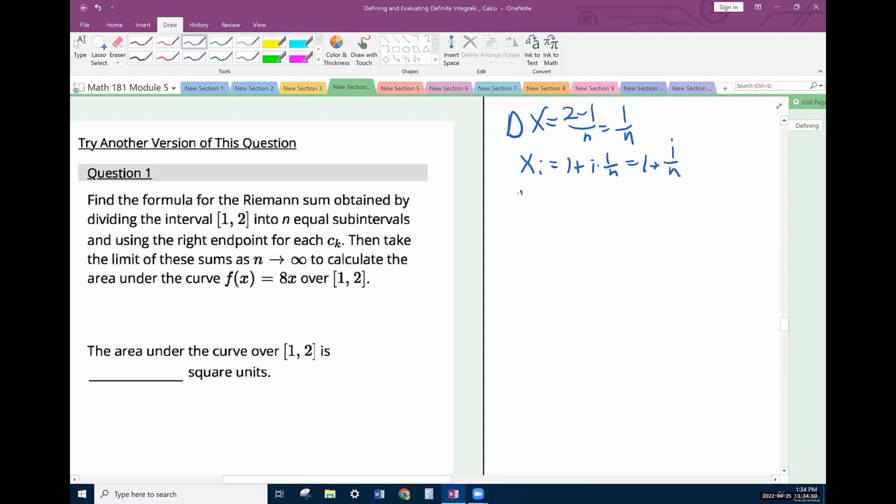So when we're looking at our f of xi, we're looking at 8 times 1 plus i over n. Did I make a mistake? No, I was asking where the 8 came from. Yeah, it's from here.